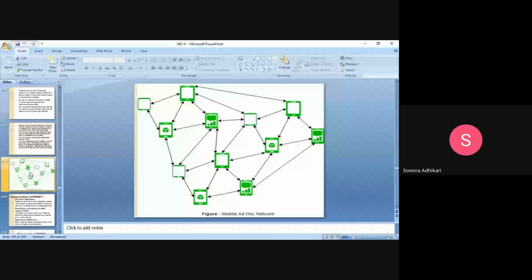It acts as a router and sends the data to its neighbor, for the data to reach the destination.